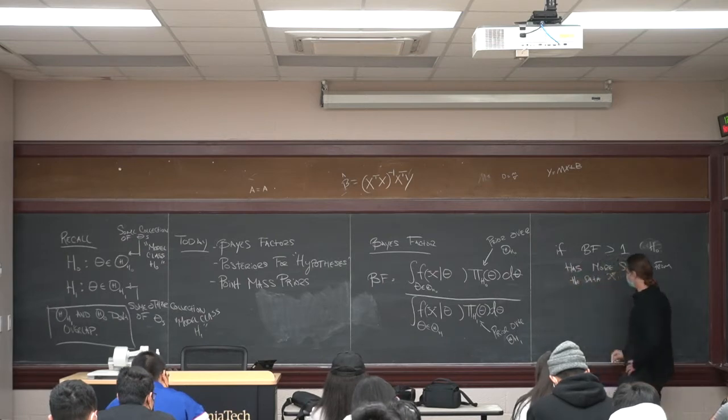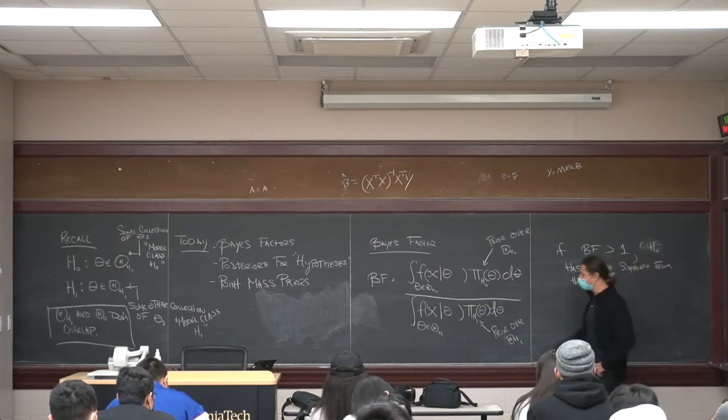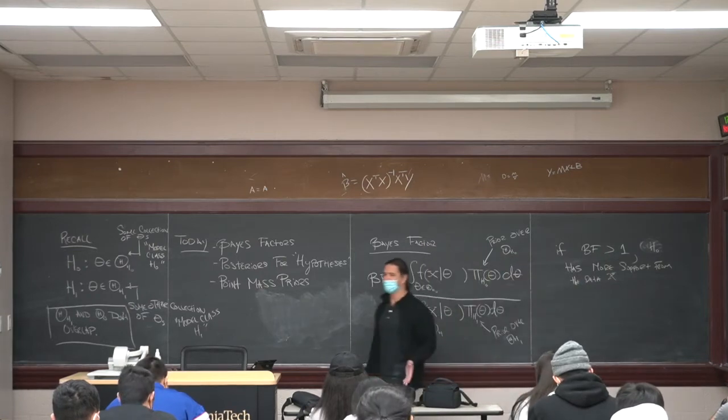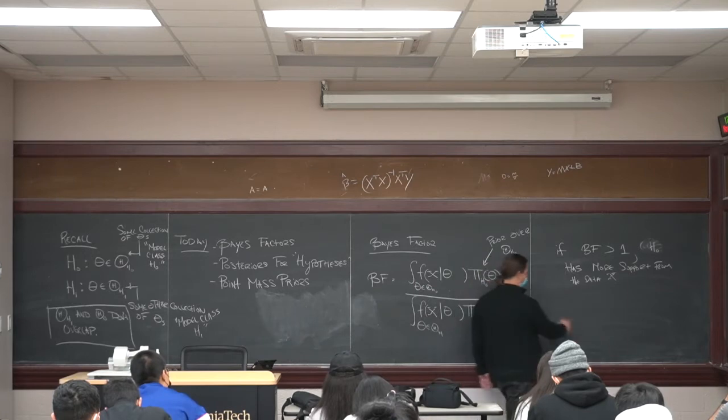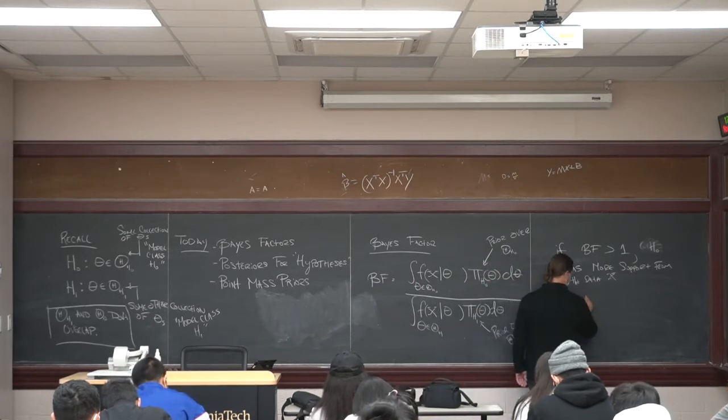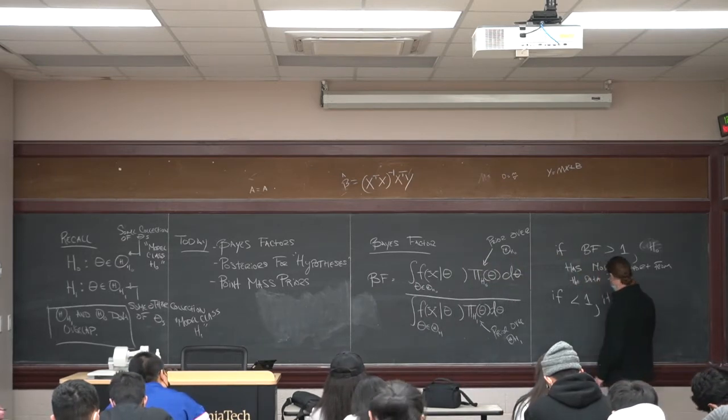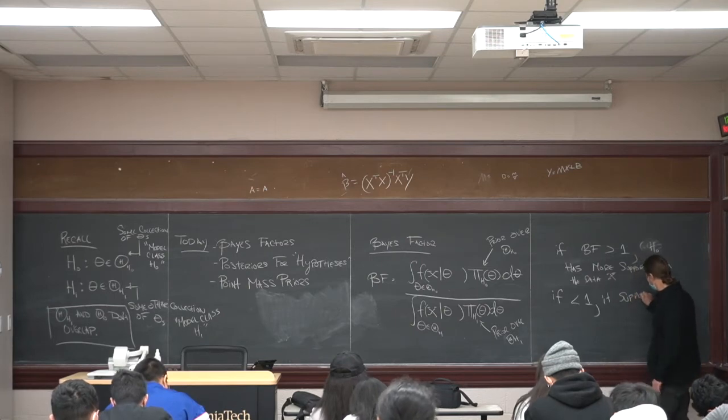That's X. Okay, so you're imagining that there's some sampling model that I've collected my data and I'm writing it down like this. If it's less than 1, it supports the alternative.